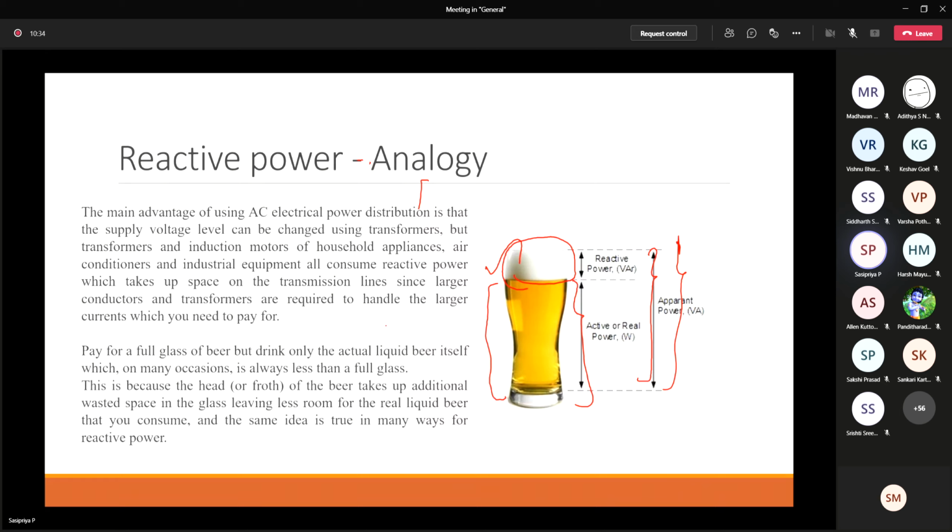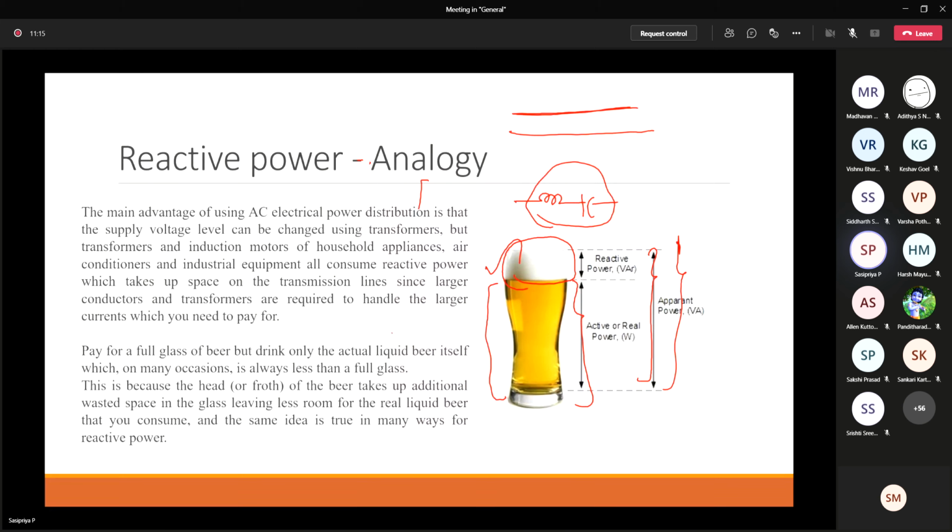Similarly you can relate it with your power terminology. In AC electrical power distribution, due to the inductive and capacitive load, there is going to be reactive power. When this reactive power increases, the transmission lines, the conductor size, depends on the amount of power it is transmitting.